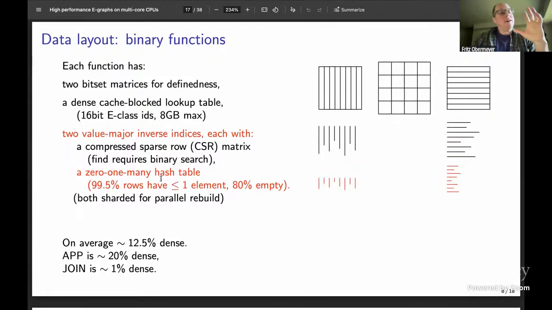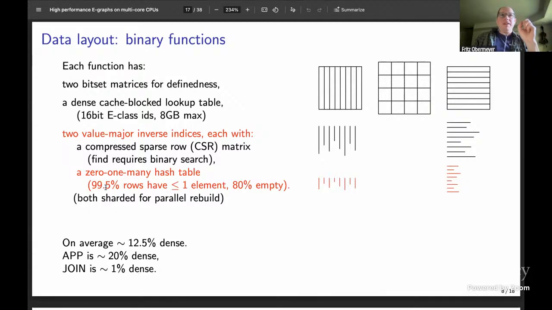So again, I'm working with this one system, and in this one system, 99.5% of those left-hand side and value or right-hand side value pairs end up with either 0 or 1 entries. And so I can slap a hash map in front of that so that if it's 0 entries, it can check that with 1 cache miss.